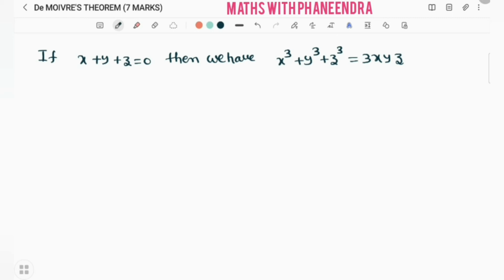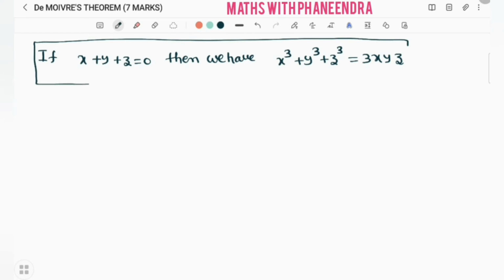I hope everyone knows about this, it is a very important property. Even in the exam you should write this one. By using this only we are going to prove the first two results.